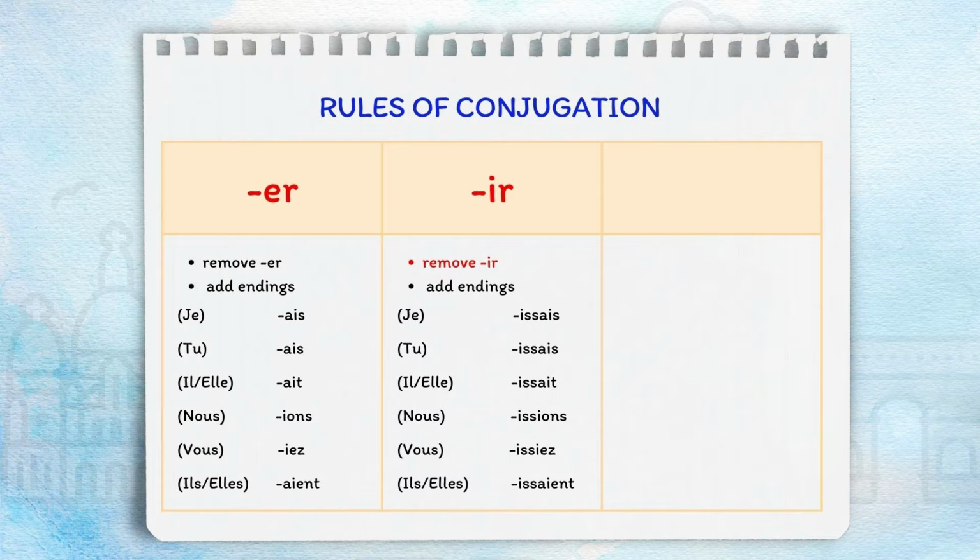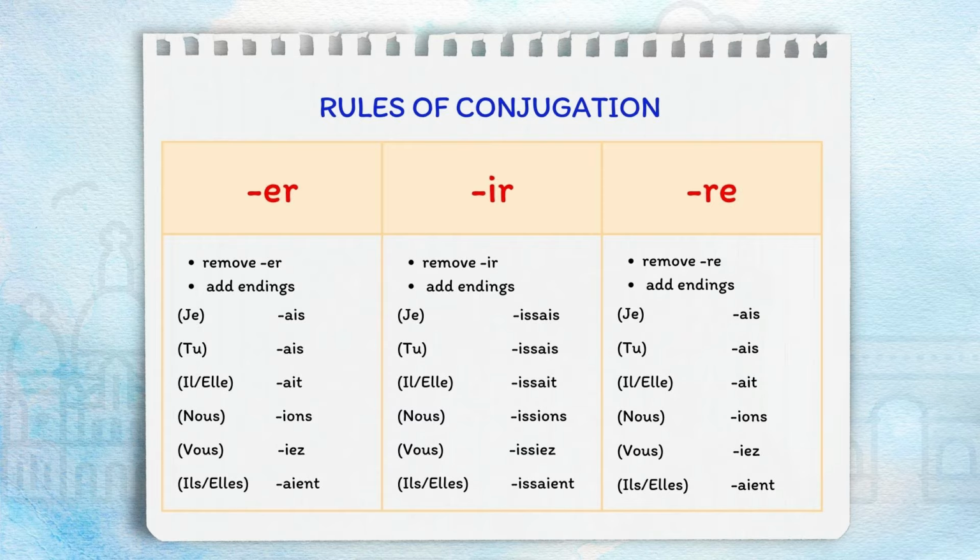Drop the -ir ending and add the imparfait endings: -issais, -issais, -issait, -issions, -issiez, -issaient. And for regular -re verbs, drop the ending and add the imparfait endings. These are the basic rules of conjugation for regular verbs in the imparfait tense.